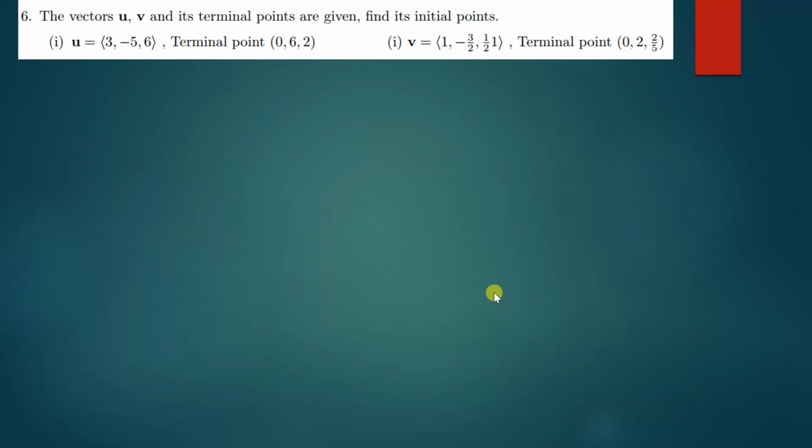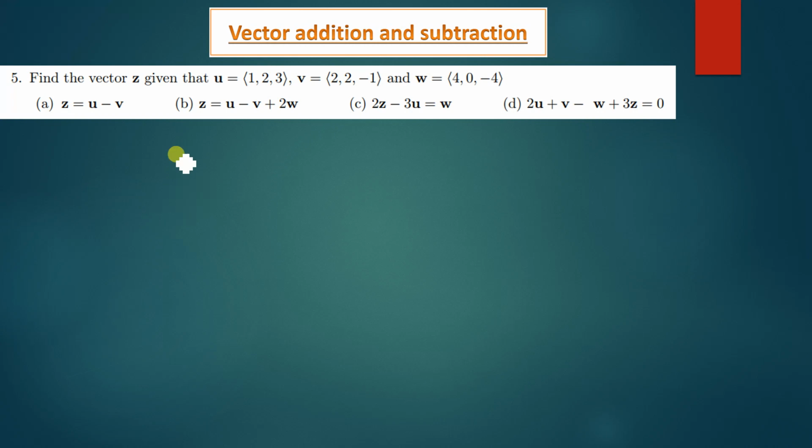Alright, so let's quickly begin to solve the questions. The first question is asking us to find the value of z, which is given by u minus v, because u has been given, v has been given, and w has been given.